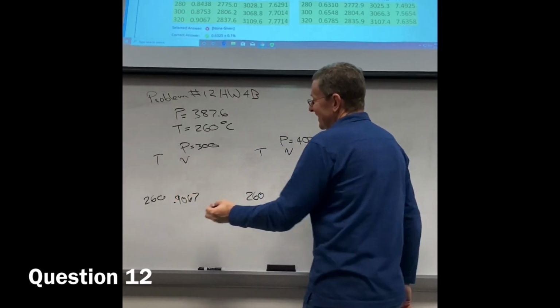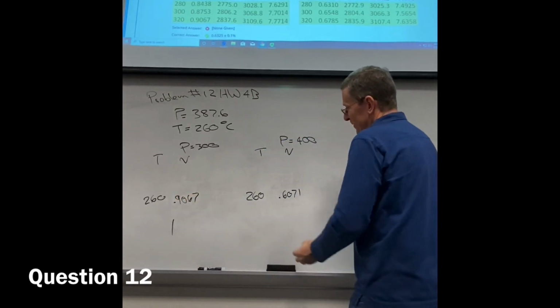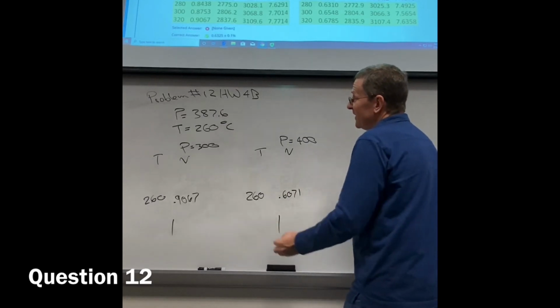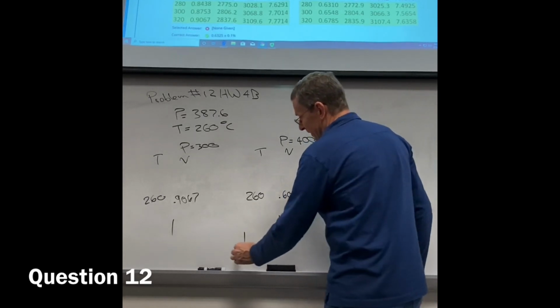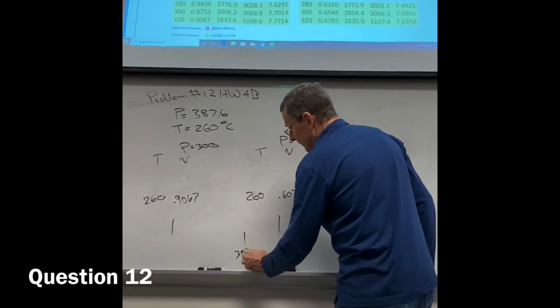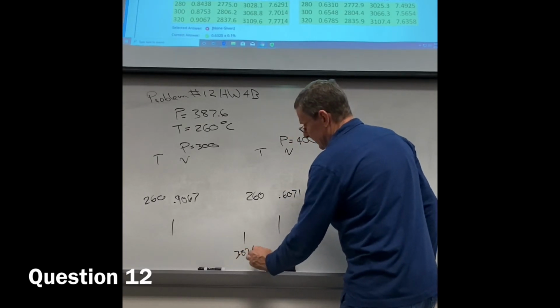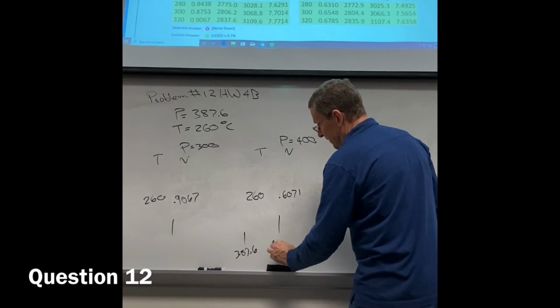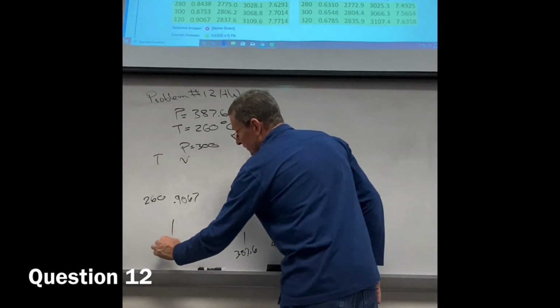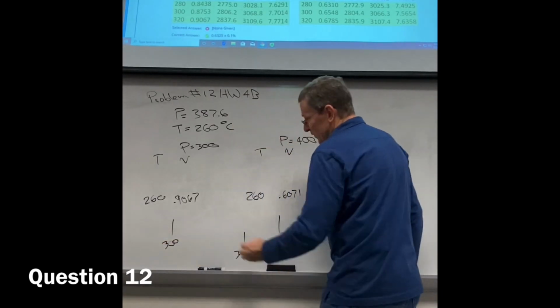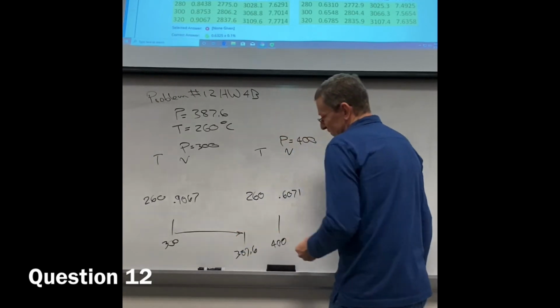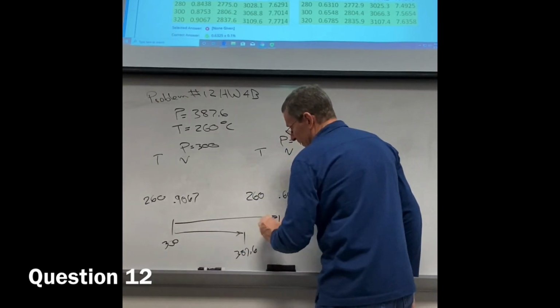The problem is, we have a value for this pressure and this pressure, but our pressure is somewhere here at 387.6. This is a pressure of 400, and this one's a pressure of 300. So we're most of the way to 400, but not all the way there.